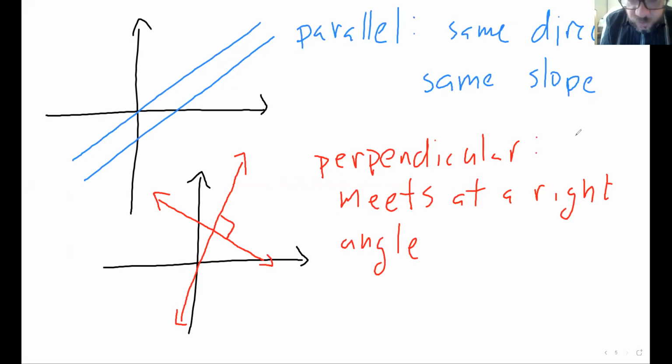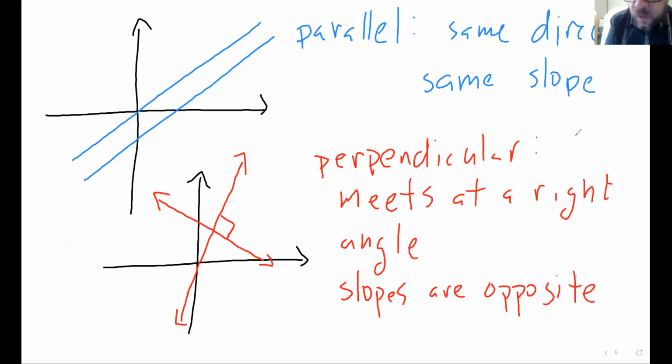So slopes are opposite reciprocals is the term. Opposite means to change the sign, and reciprocal means you turn the fraction over, just do 1 over whatever the other one is.